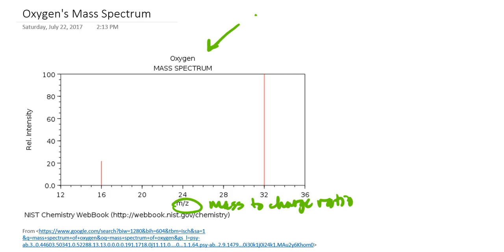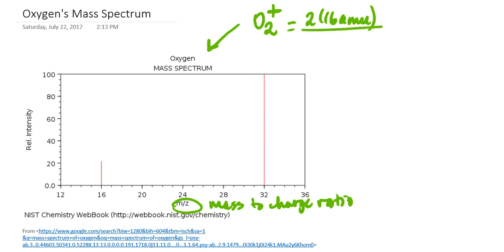But here, we're trying to analyze the element oxygen. And if you recall, oxygen in its elemental form is O2. If we're successful and we ionize this oxygen gas, we'll have O2+. Now, if we calculate the formula mass for oxygen when it's diatomic, that's 2 × 16 atomic mass units.